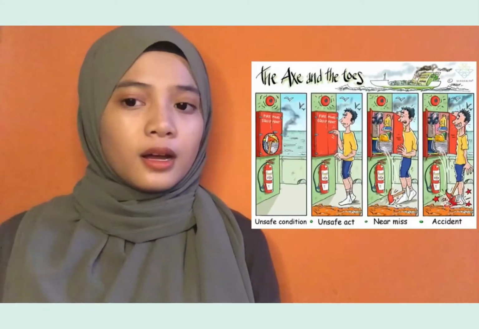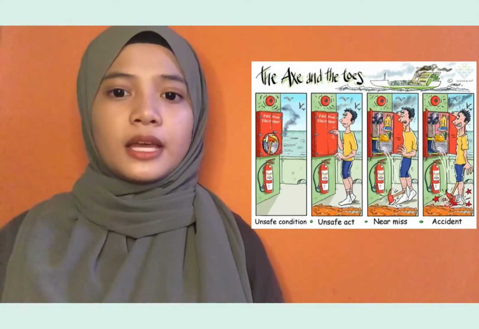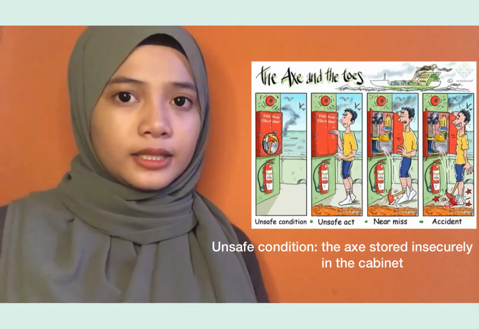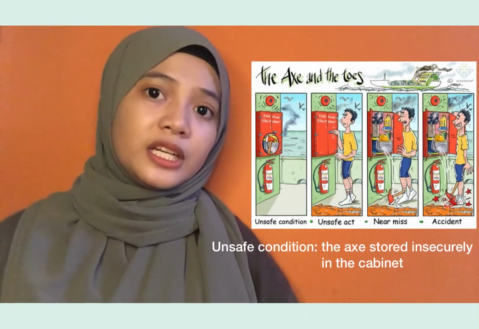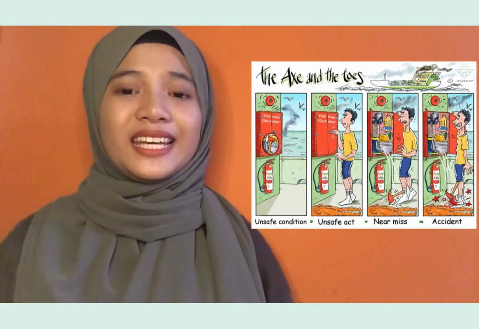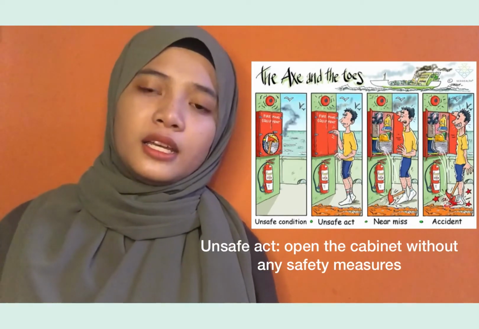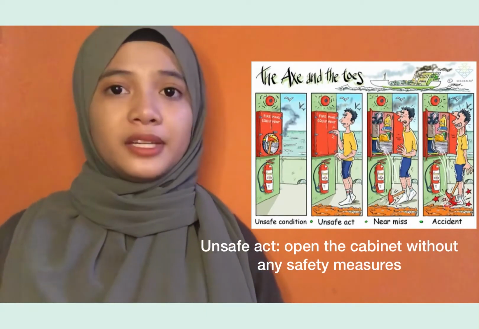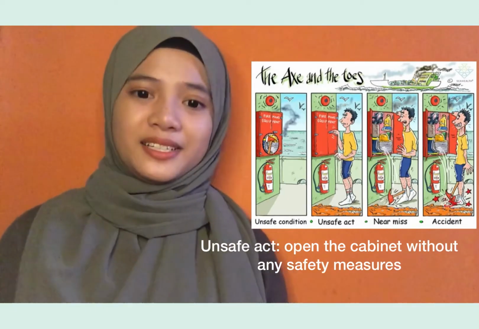Take a look at this situation. It can be in a lab or in any other places. The unsafe condition is the X is stored in the cabinet insecurely. Then, this guy is doing an unsafe act, which is he casually opened the cabinet without any safety equipment or attire.